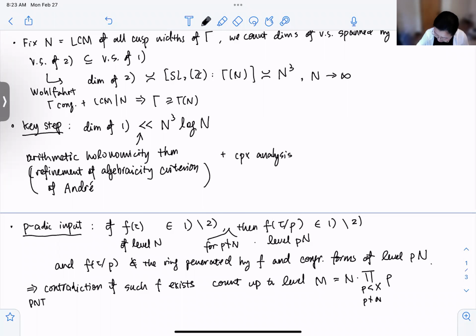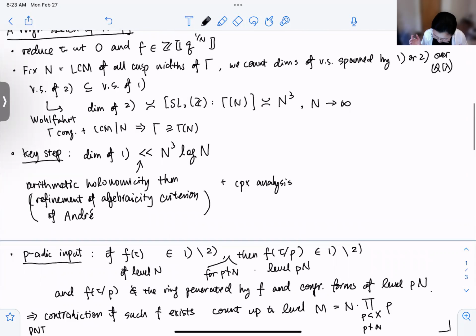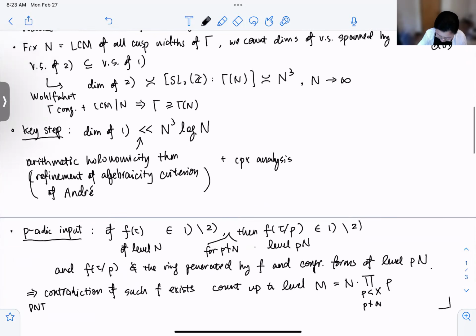Okay, so that's the very brief sketch of the idea of the proof, which says that we have lots of input from modular forms, plus something that I put on the blackboard as the arithmetic holonomicity theorems. In order to give a meaningful statement of the arithmetic holonomicity theorems, I would like to give a little bit of the history of the background of theorems in this direction.